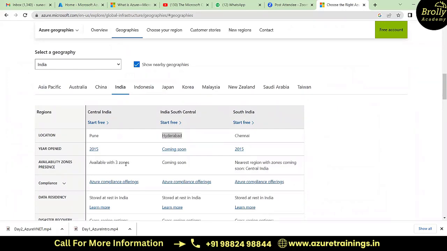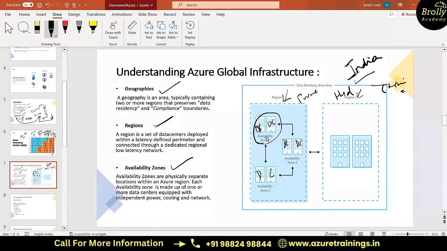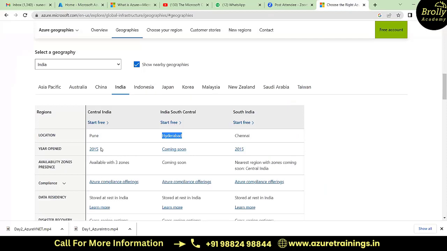Suppose one availability zone has two data centers, then in Pune we have six data centers. One availability zone is in one corner, North Pune, one in Central Pune, and one in South Pune. So Pune is available with three zones.